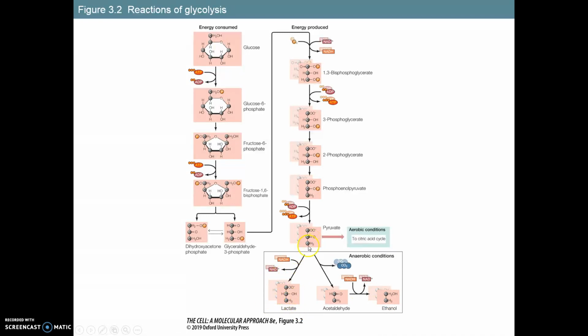The only reason why we actually do this is if we are in anaerobic conditions where there isn't oxygen, and what we need is to regenerate the NAD so that we can at least keep this part of the pathway running. Without NAD, it can't run. So here we're essentially just taking those electrons and dumping them back onto the molecule itself so that we can recapture that NAD.